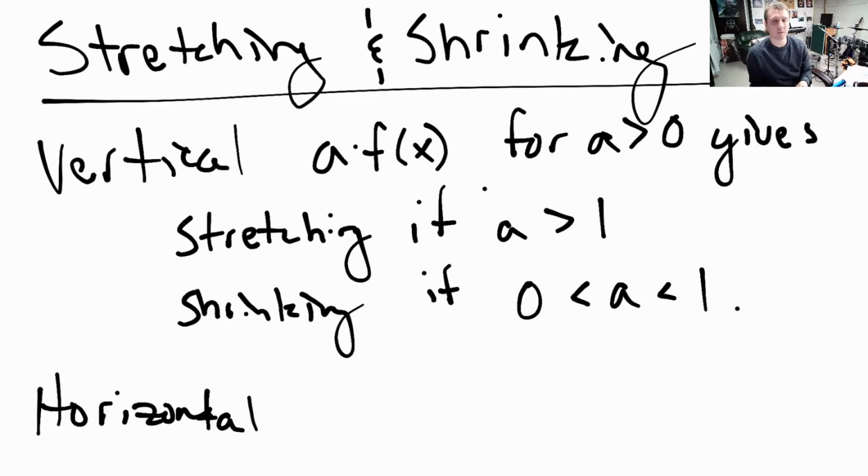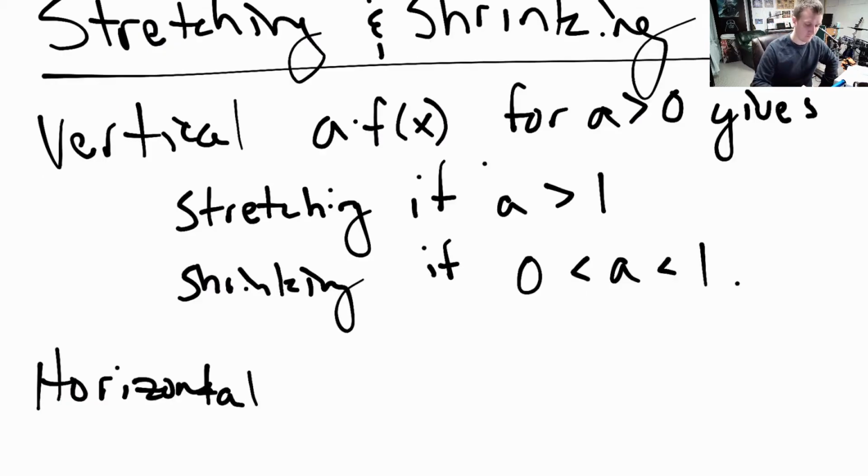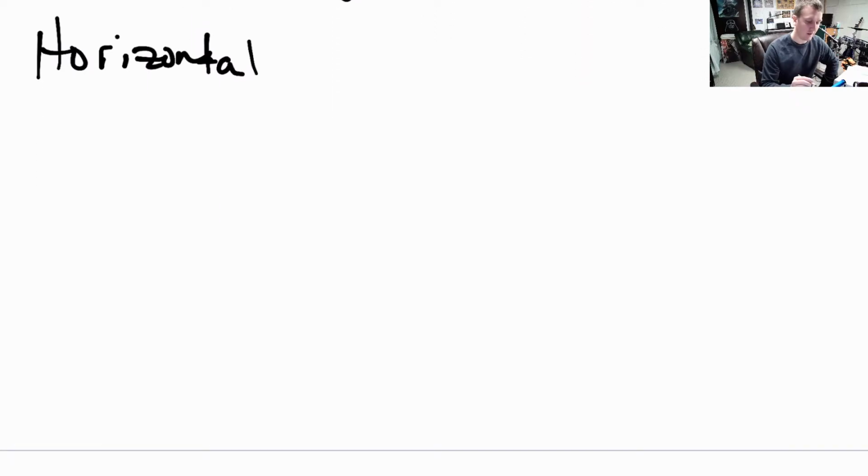You're taking a fraction of the original height. So the graph's height is stretched if A is bigger than 1, or it's shrunk if that multiplier is between 0 and 1. At 0, you smash it all the way to the x-axis. At 1, you get the original thing back. So I'm not going to belabor that too much. I think that makes some easy sense.